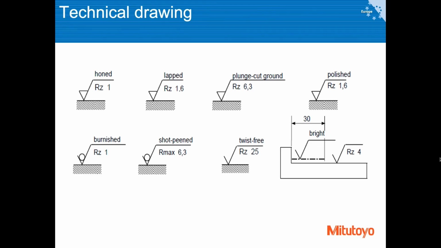The reason is, as was mentioned in the video, it costs a lot to produce very smooth surfaces, and you don't want to spend too much money if you don't actually need to get some performance out of this surface.